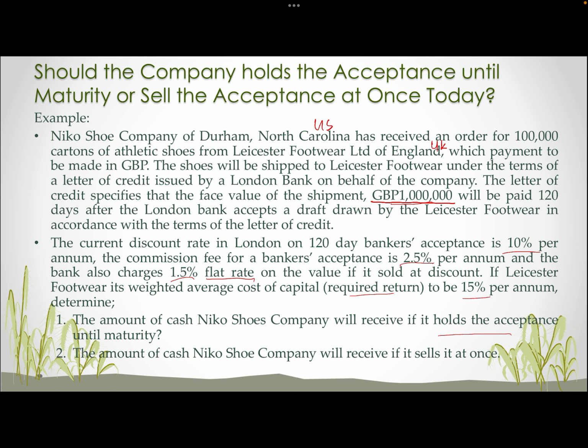What is the amount that Nico Shoe will receive if it holds the acceptance until maturity, 4 months? And what is the amount if Nico Shoe sells the letter of credit today? Let's do it together.